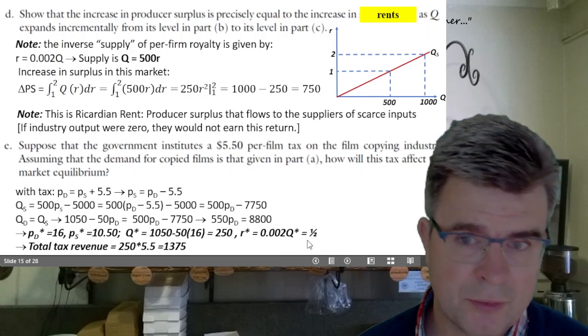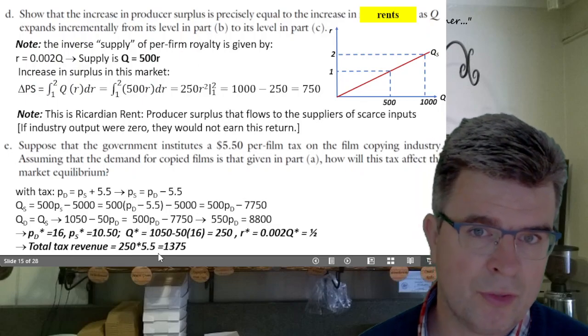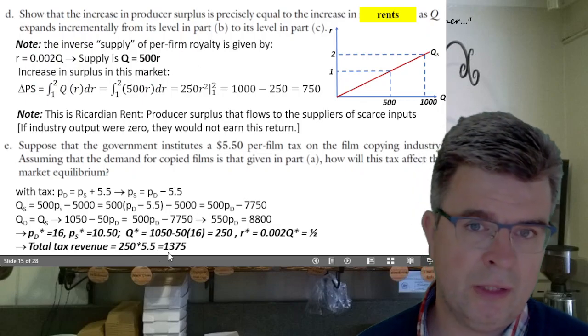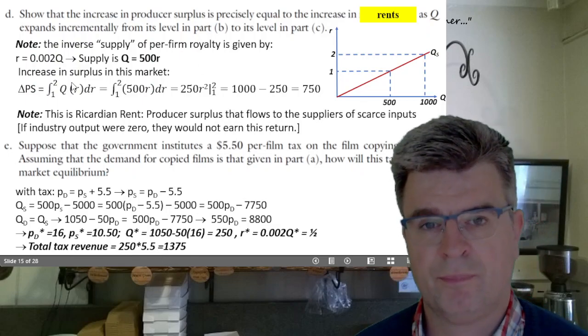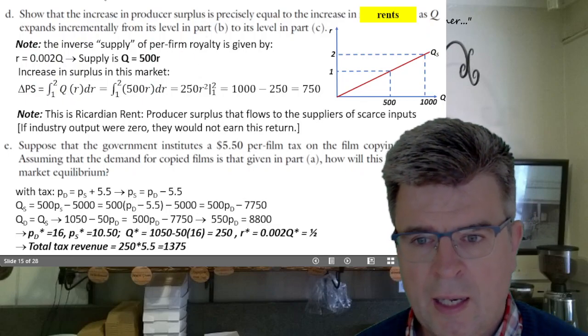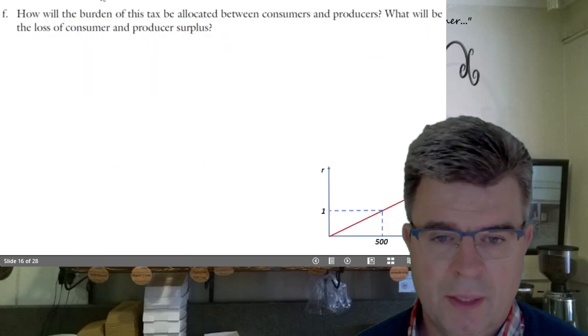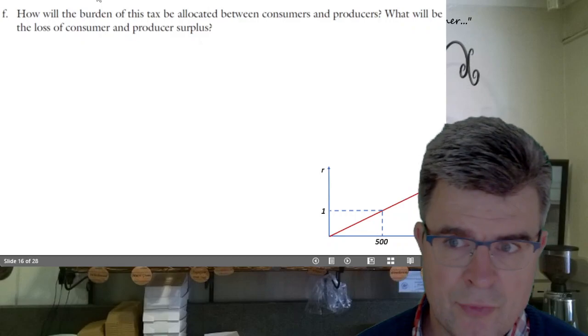And the total tax revenue is equal to 250 copies times $5.50 each, which is $1,375. And that's question E.